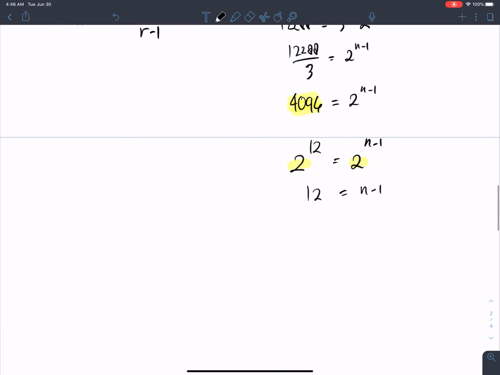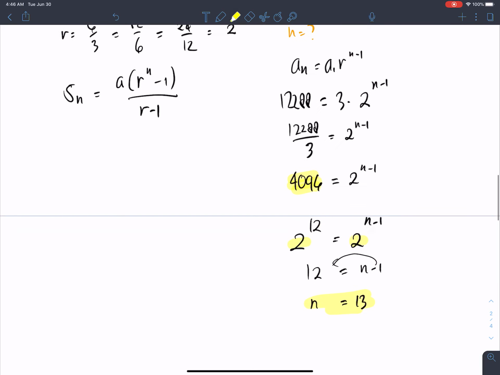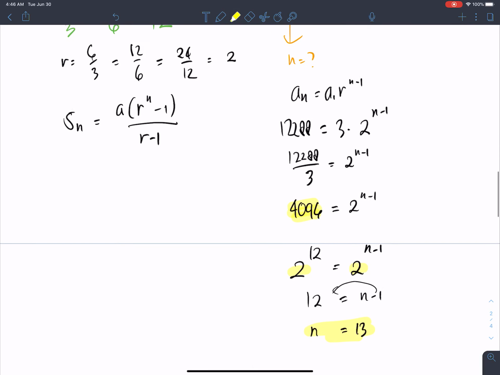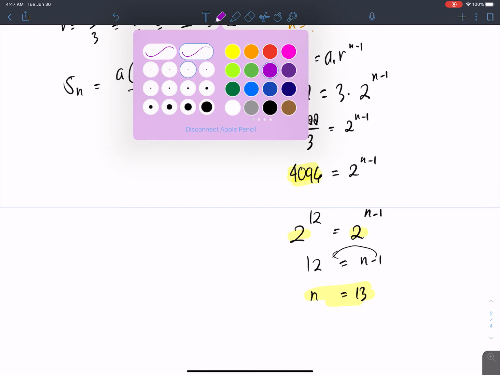From here, with this manipulation, we will get n equal to 13. You move it to the other side, it's 12 plus 1, so we get n equal to 13. So now we know our n for 12288. So we can calculate now using the formula. I'll bring it back to here.